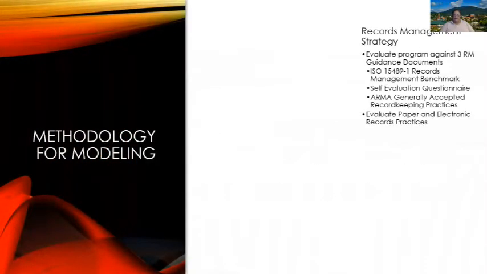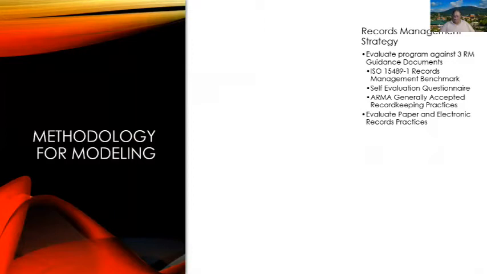So the ideas here are that you need a strategy, right? And so you use, in this case, some of those industry standards to help you develop a methodology to evaluate your records.